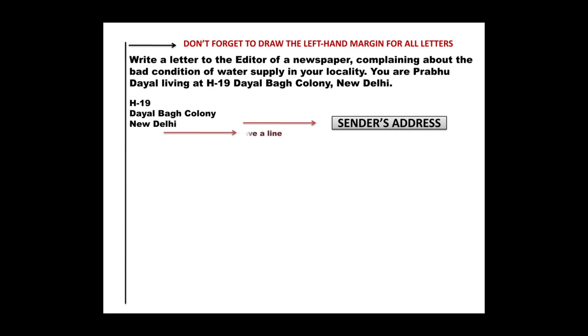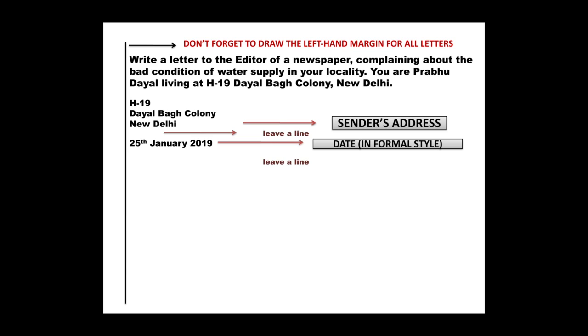Starting with the sender's address, H19 Dayal Bagh, New Delhi. After writing the sender's address, as discussed earlier, we'll be leaving a line. Then we write the date in formal style, that is 25th January 2019. As told earlier, no shortcuts to be used while writing the date. Then again we leave a line.